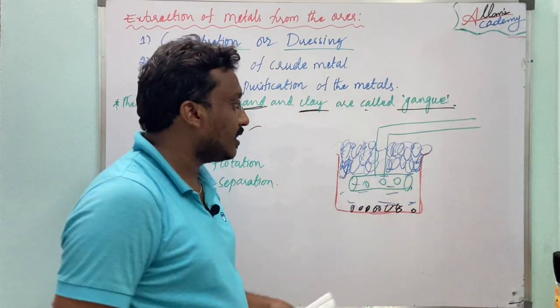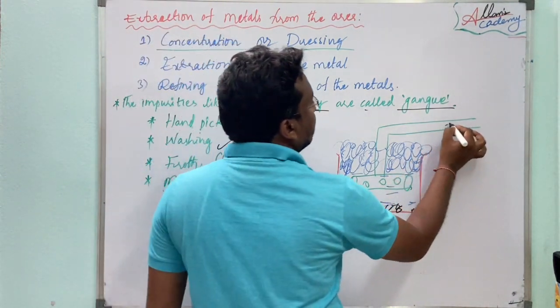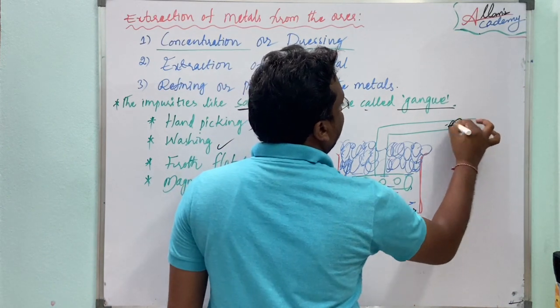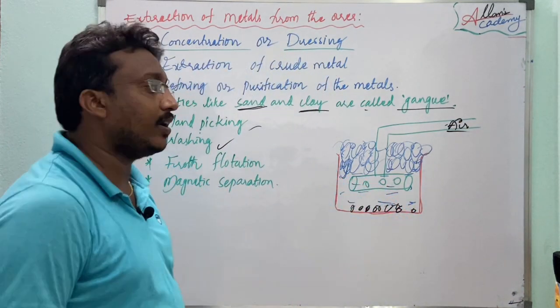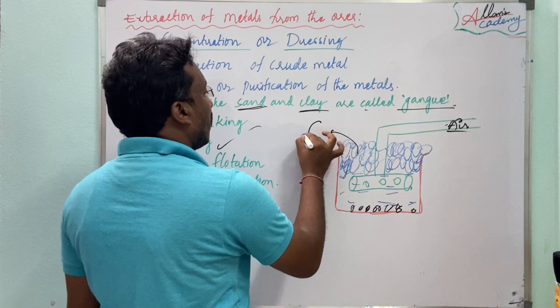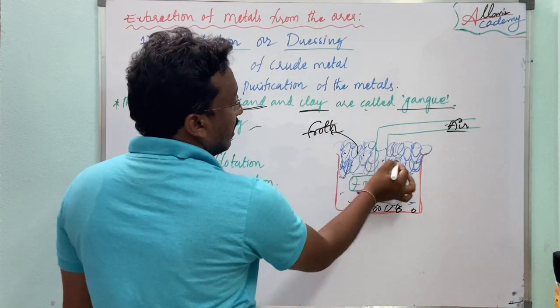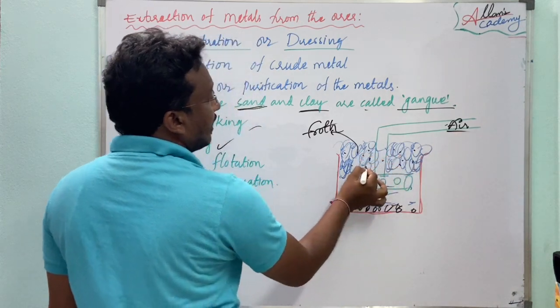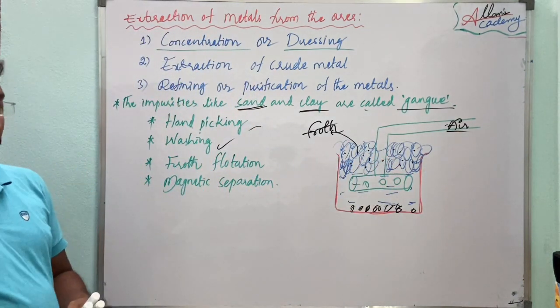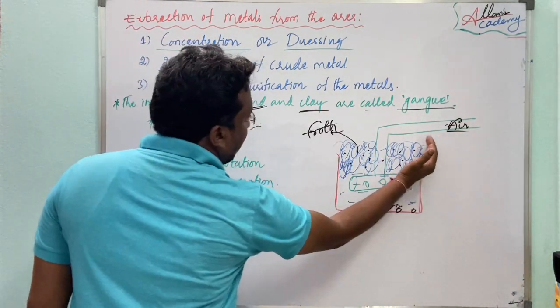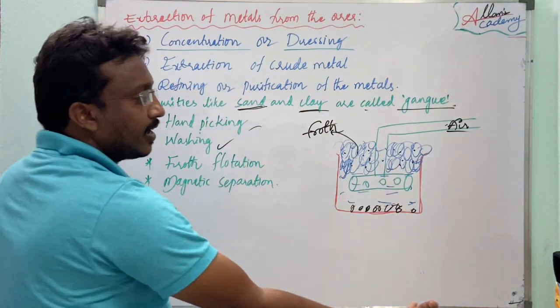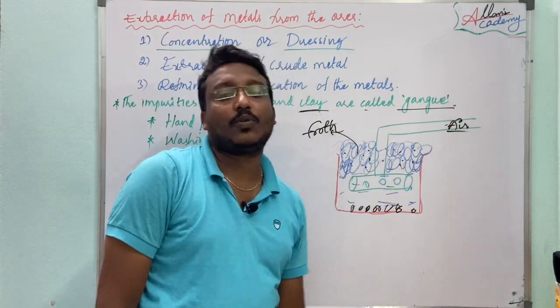From this source we can send the compressed air. This is the froth, and this froth contains the metal particles. We can collect it, and collect the metal particles from the froth.